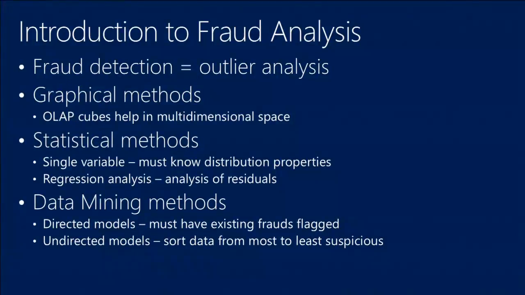You get some lift in the number of frauds found if you select which transactions you will check with undirected methods than if you just select them randomly. So typically, you would go in production with some directed model, like decision trees or neural network. However, later I will explain that it's always good to have also some undirected models, like clustering, for controlling the directed models. And I will explain how you do this control.